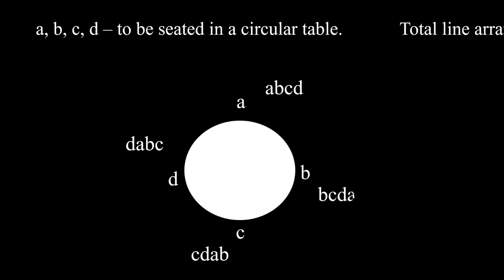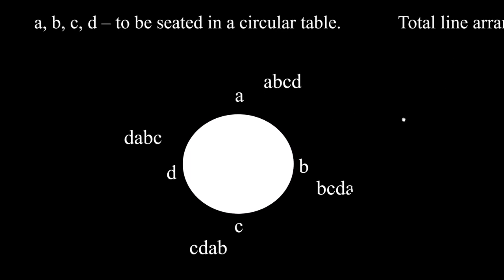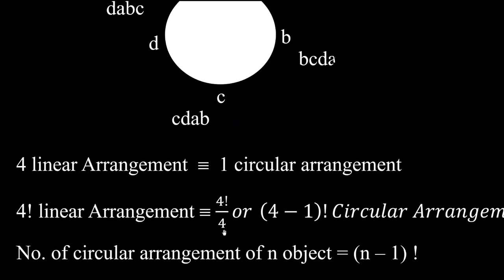When it is n people, divide by n. When it is 3 people, divide by 3. When it is 4 people, divide by 4. That is the reason. Here you see, divided by 4. 4 linear arrangements are mapped into one circular arrangement, divided by 4. That is the reason (n minus 1) factorial came.